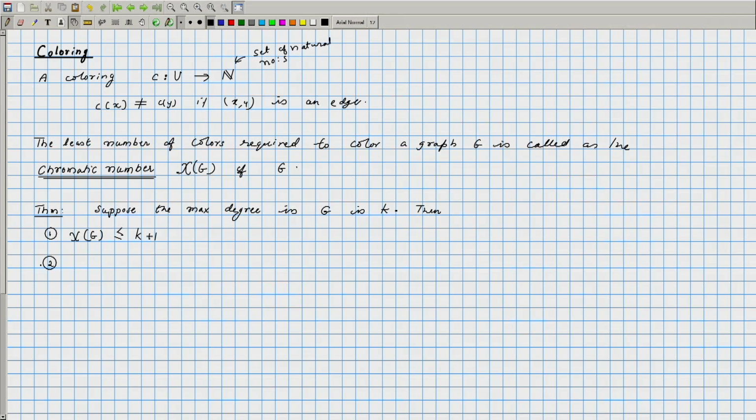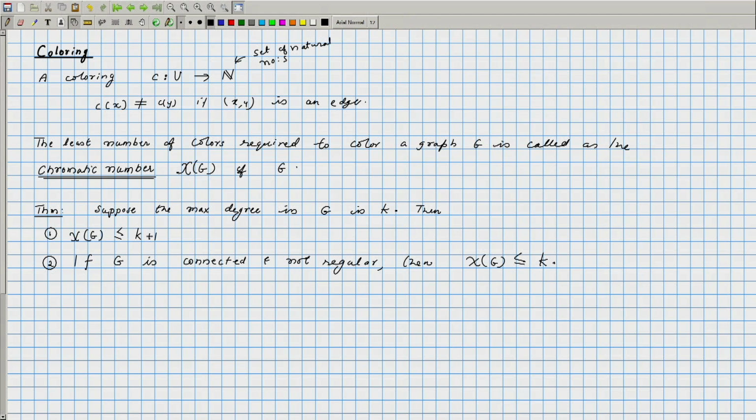The second statement says, if G is connected and not regular, then chi G is less than or equal to k.